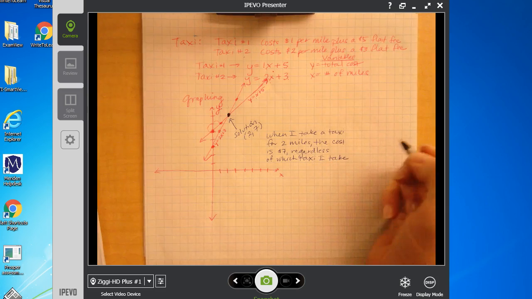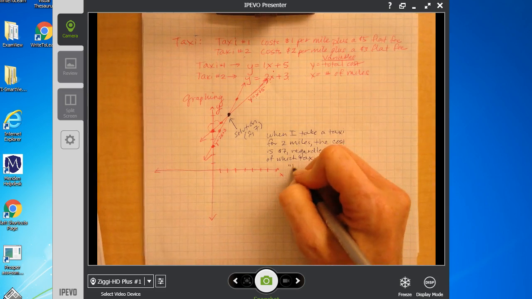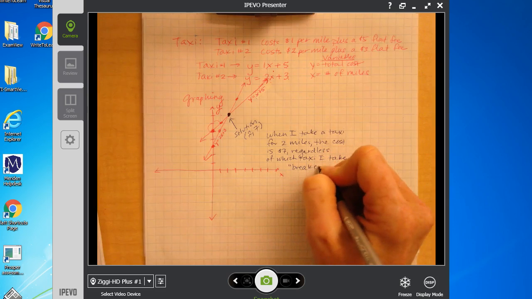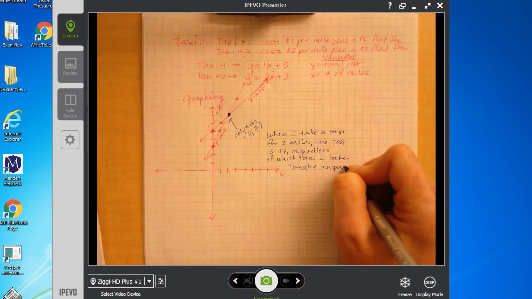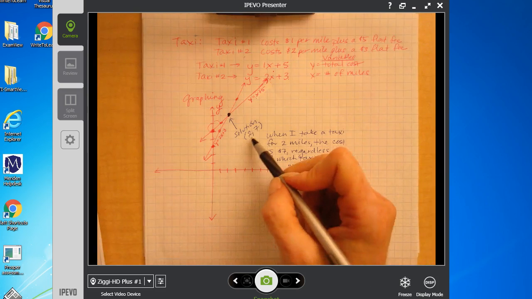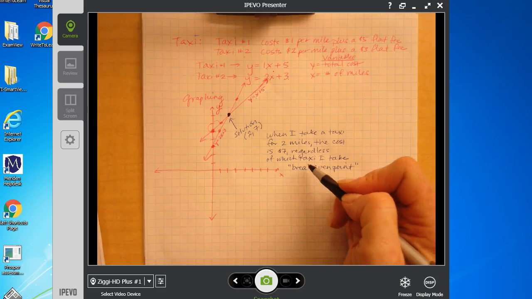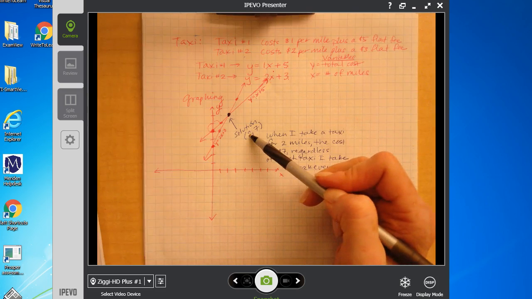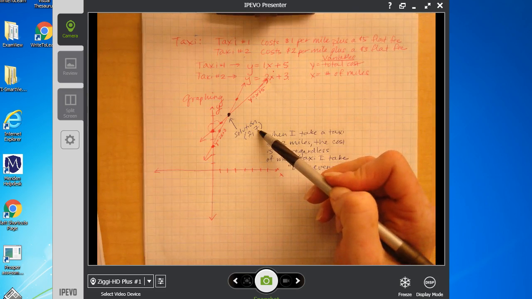Okay, so that's kind of my break-even point, where it really doesn't matter which one I take, right? I want to take taxi A, I want to take taxi B. If I'm planning to go for about 2 miles, it makes no difference, right? Again, x is number of miles, y is total cost, okay?